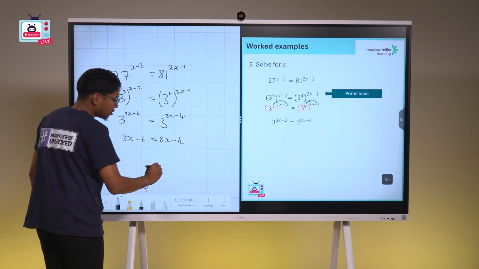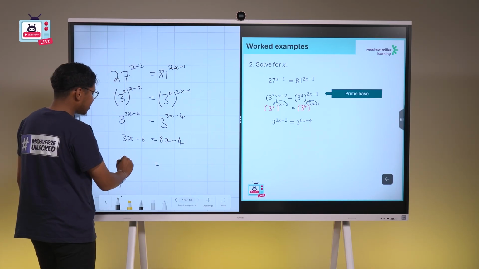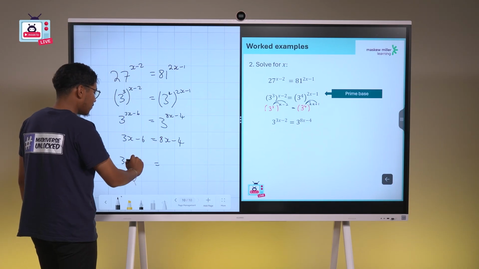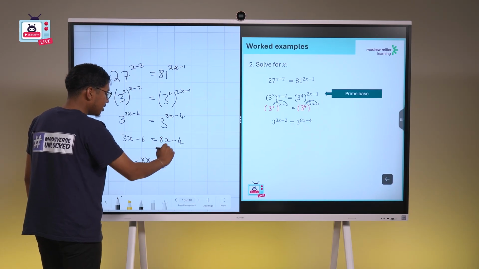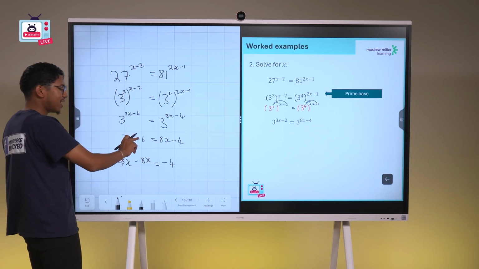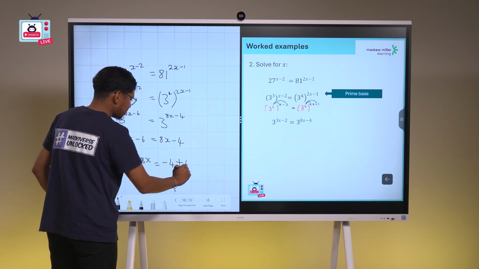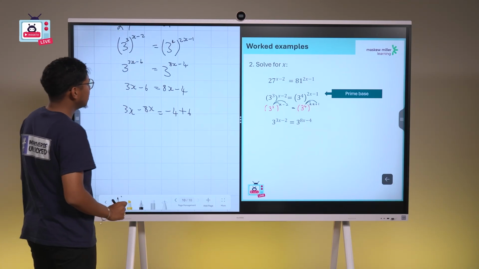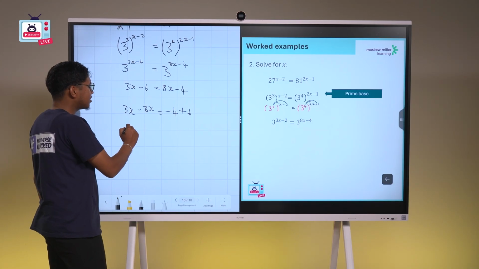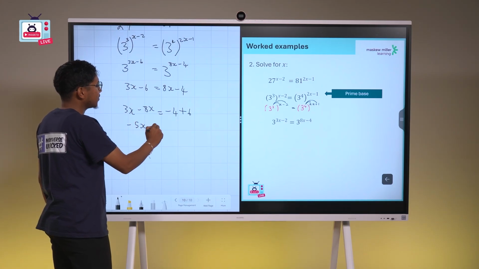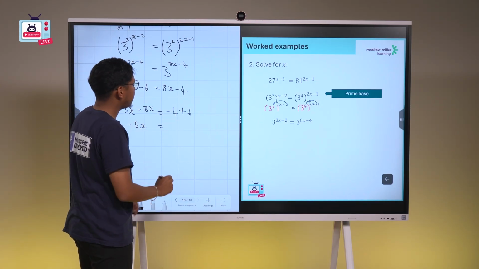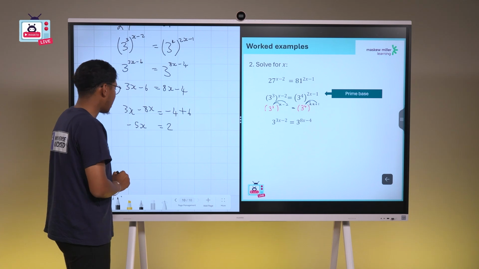I'm going to solve for x the way I usually do now. 3x on the left, plus 8x over as minus 8x, negative 4 on the right, minus 6 over as plus 6, all right? So I know that 3x minus 8x is negative 5x, and I know that negative 4 plus 6 is 2. How do I get x alone?